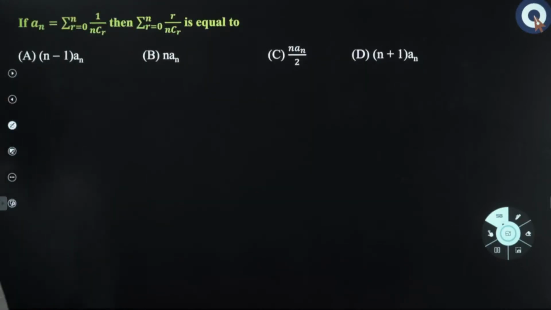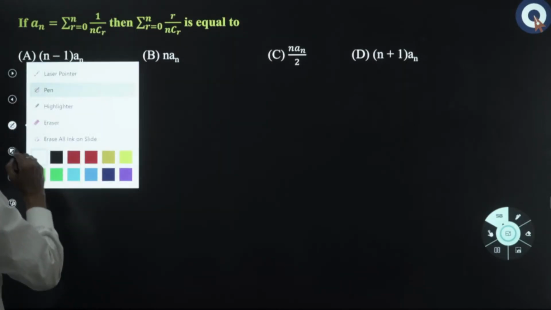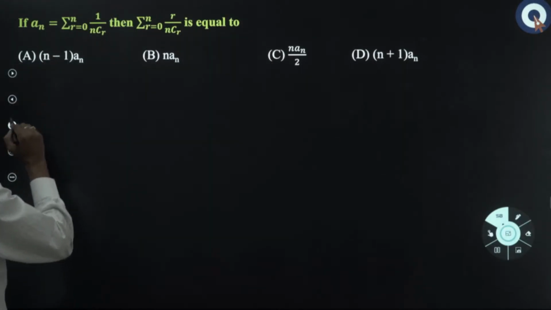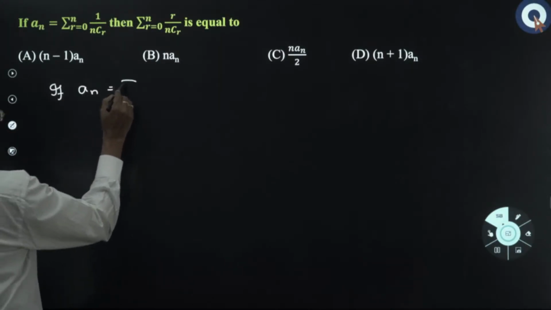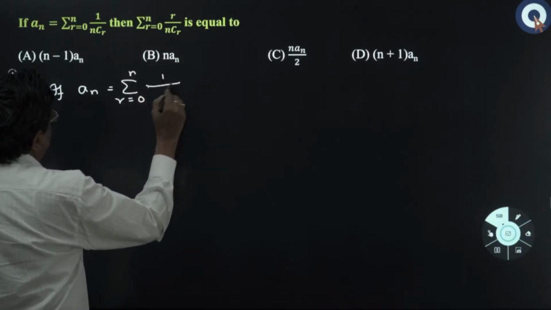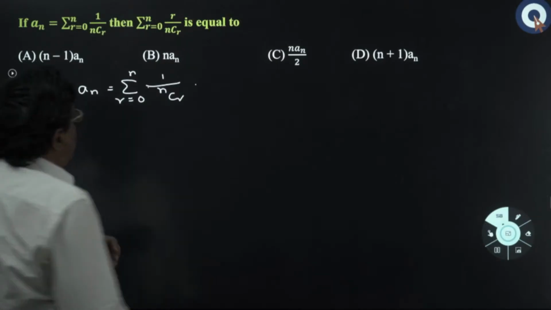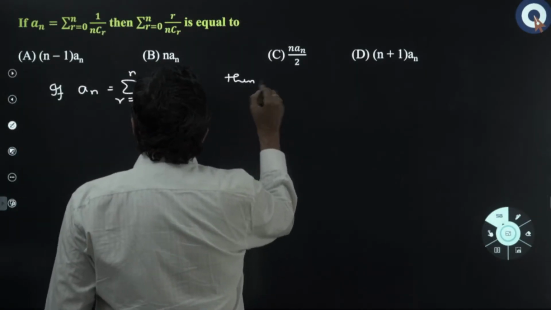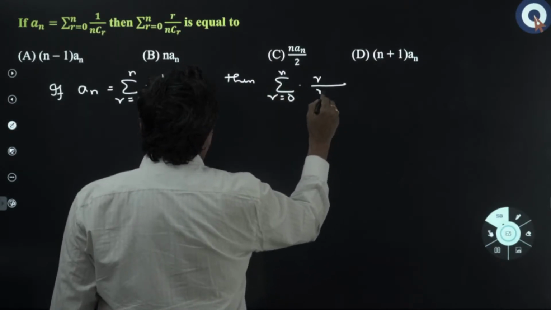All right. If a_n = sigma r = 0 to n of 1/nCr, then find sigma r = 0 to n of r/nCr.